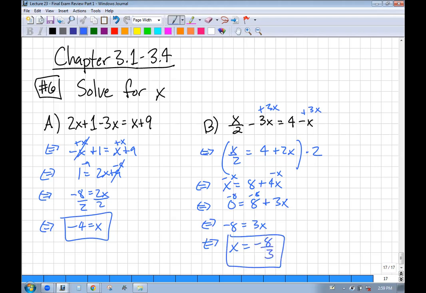And of course, you can always check your work, right? Since it's your final and your grade depends on it, check your work, right? Plug this back in for x and make sure that both sides of the equation are equal, okay? Or you could type this into your program, right? Whatever program you're using, solve, and then type that in, right? Almost all of this math, you should be able to do it with your calculator or a software program.